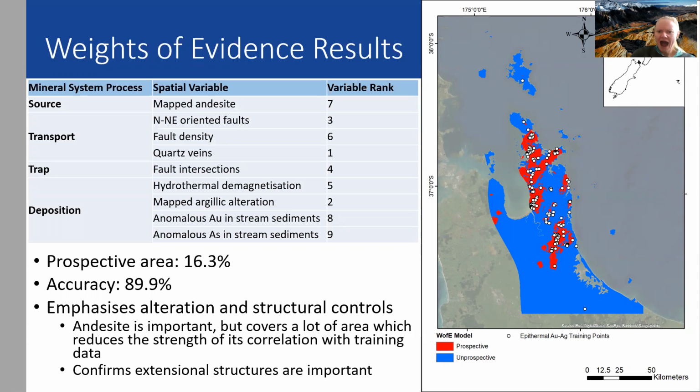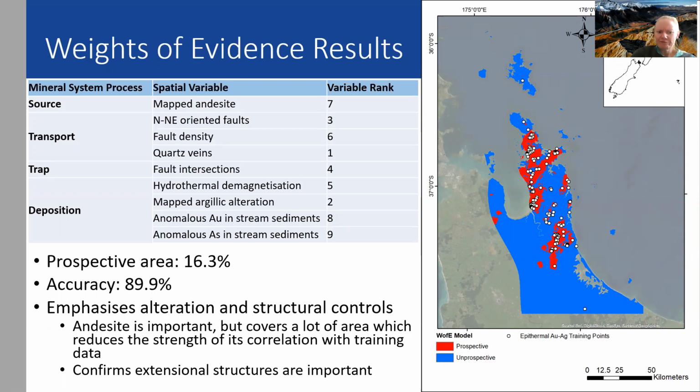What we can see from our prospectivity map here is that prospective area covers about 16% of our overall Coromandel study area. And the accuracy, which is how well it predicts the location of our validation data, is about 90%. The variable ranks show that the controls on the mineralisation are indicated to be the alteration and the structural controls. The andesite is important, obviously, for the epithermal mineral system.